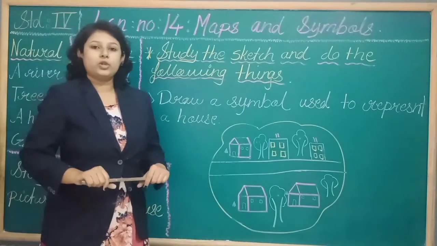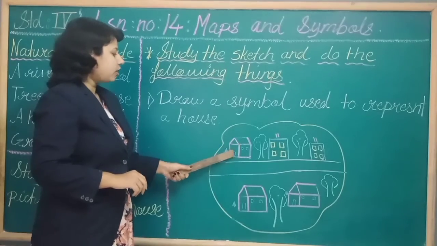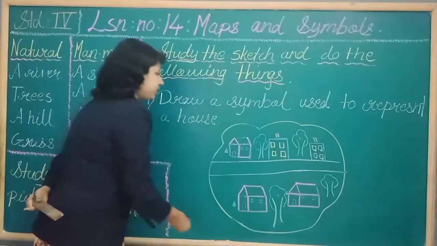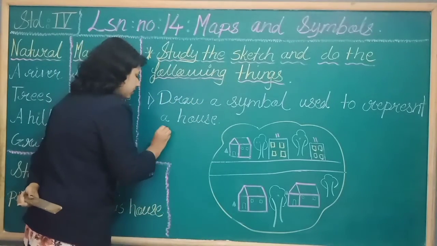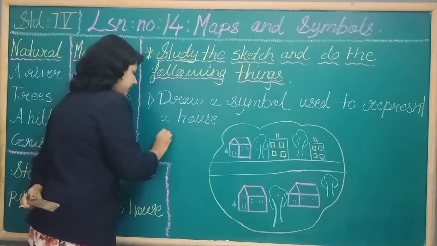So, when the question arises, what symbol describes or identifies the house? You will immediately draw a triangle and color it.